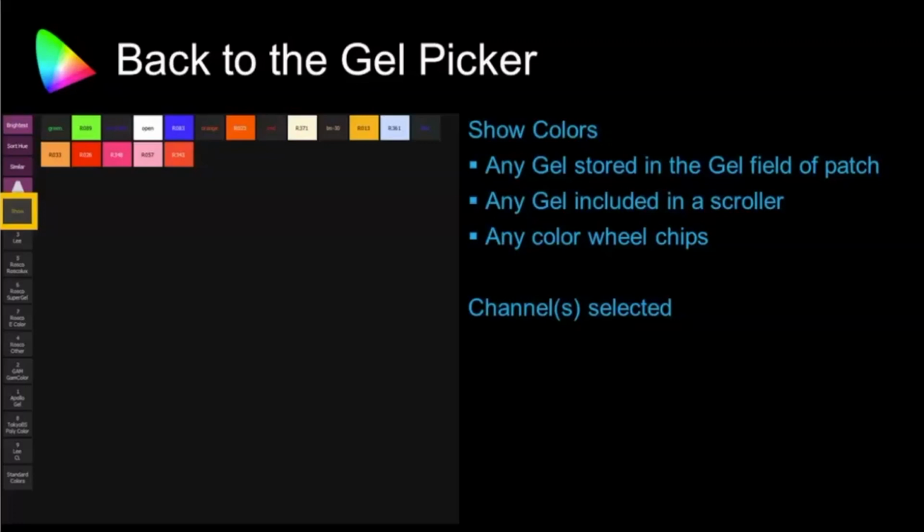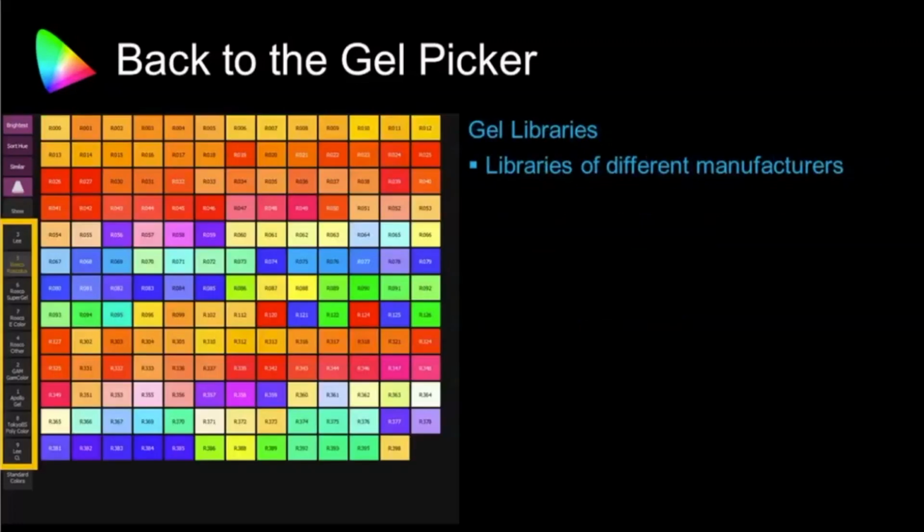So this is, again, a pretty useful place to be for just a general overall view of what sort of things are happening in your show file. Sort of back to the main area, we have a bunch of different gel libraries, some that are common in the US and Europe, some that are common in Asian markets, and you can select any one of these.